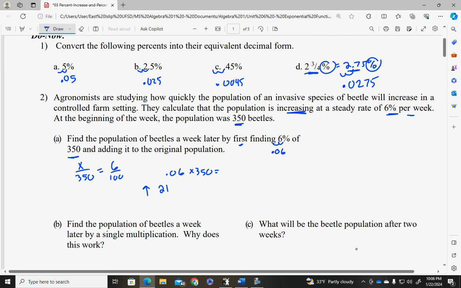But the question is, find the population of beetles a week later. So don't forget, we have to add that 21 on. So we had 350 beetles, and then it increased by 21. Therefore, we have 371 beetles at the end of the first week.